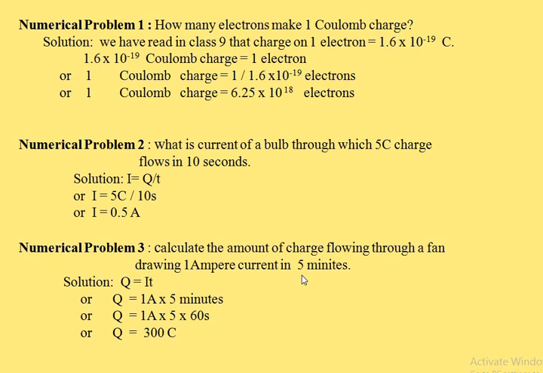So unless you convert it into seconds, you may not get the answer in coulombs. So 5 minutes will be equal to 5 × 60 seconds. Therefore charge will be equal to 1 ampere × 5 × 60 seconds, and this will come as 300 coulombs.